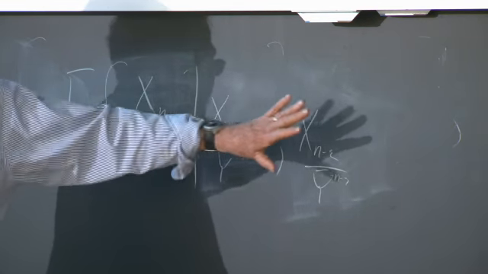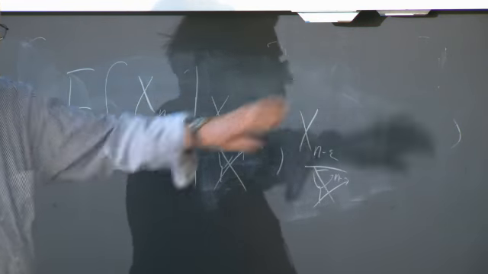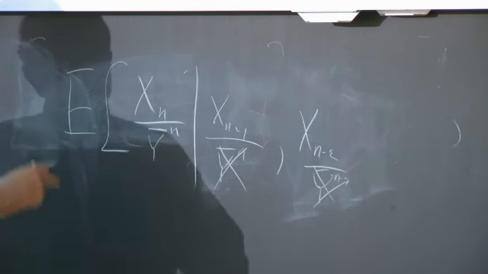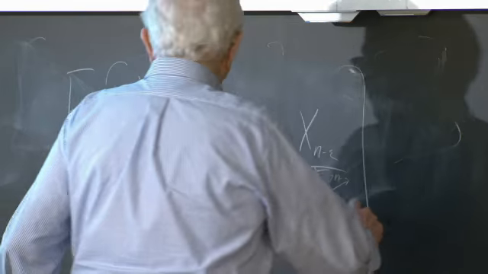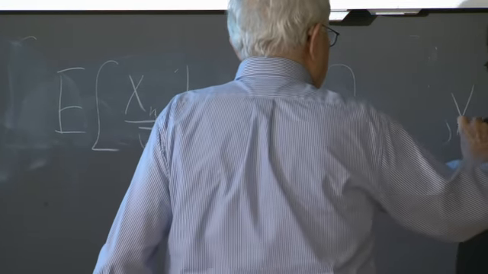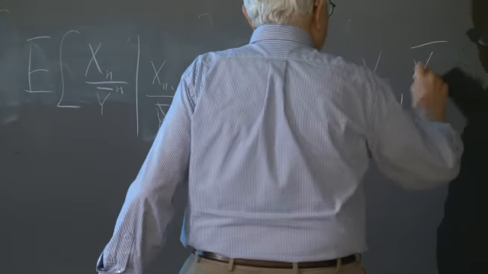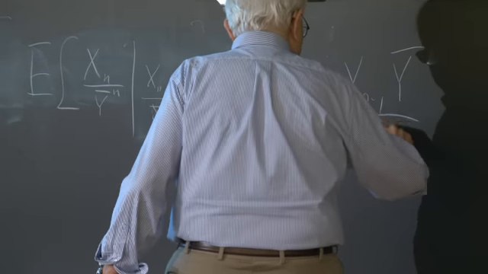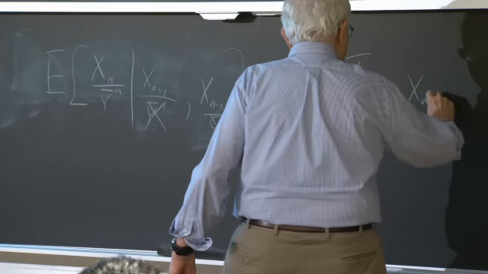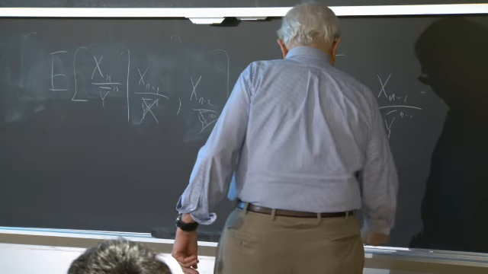And you see, if we're given these things, we don't have to worry about those quantities. We're just given the number in each generation. If we're given the number in generation n minus 1, the expected value of X sub n over Y bar to the n is just X n minus 1, expected value, we pick up another value of Y, divided by Y bar to the n, which is X n minus 1 over Y bar to the n minus 1.